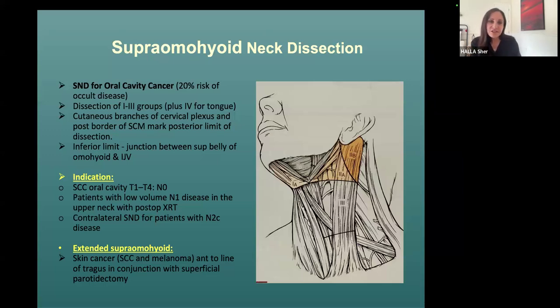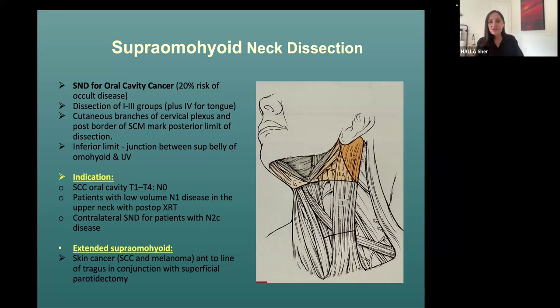Also, oral cavity patients who have low volume N1 disease are candidates for supraomohyoid neck dissections. Supraomohyoid dissections are often done for patients who have bilateral N2C disease, who need the contralateral neck dissected, but may require a more extensive neck dissection on the ipsilateral side.